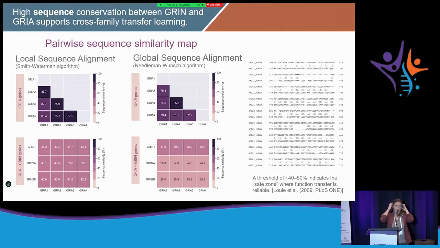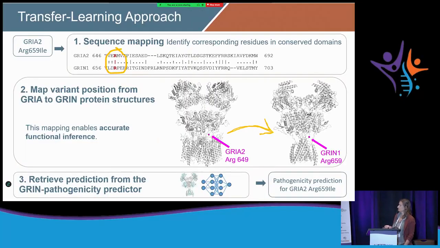So we made a pairwise sequence alignment between all GRIA genes among themselves, and they have greater than 80% sequence similarity, and between GRIA genes and GRIN genes the sequence similarity is greater than 40%, which is very high. And it gives us a one-to-one correspondence between residues in the GRIA and in the corresponding GRIN gene.